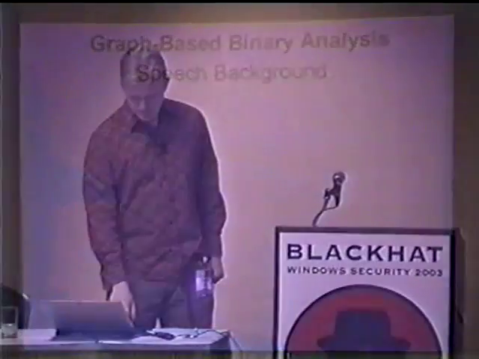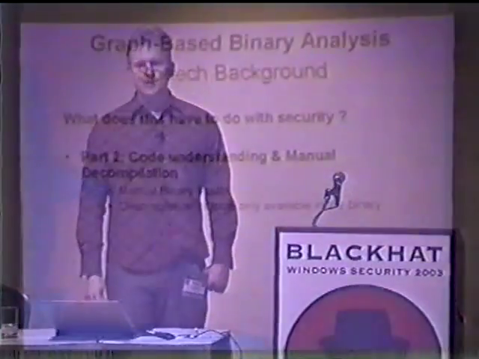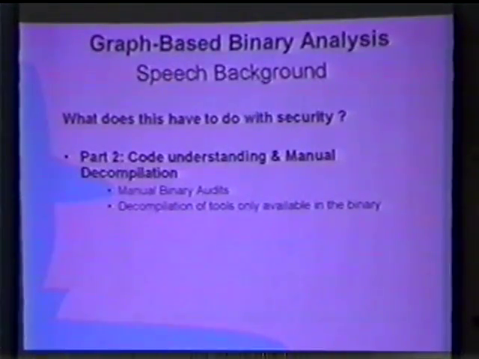Now, there might be the question of what this has to do with security. I've gotten this question before, so I'll try to explain why I think these things are interesting. First off, the second part about decompilation and manual audits. Code graphs, like simple flow graphs, help massively in decompiling stuff and help massively in understanding code better.